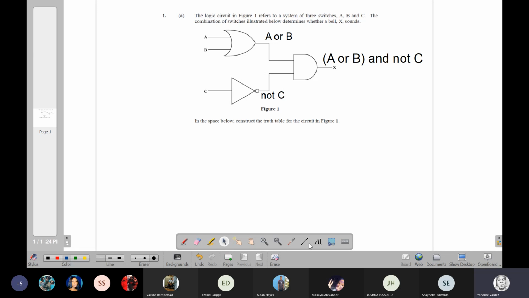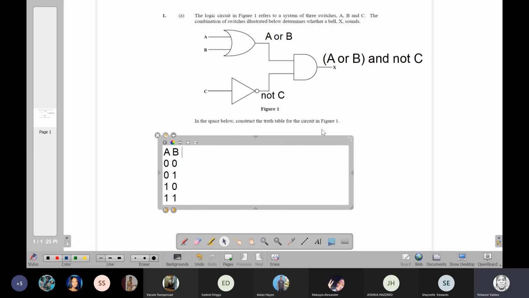So now we have to construct our truth table. So we have A here, we have B here, and then we have to do our parts, right? We know that we have 0, 0, 0, 1, 1, 0, and 1, 1. And the next part that we have to work out is, let's do what's in the bracket first.